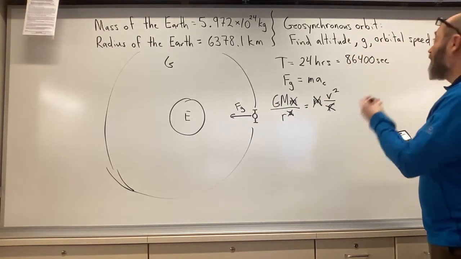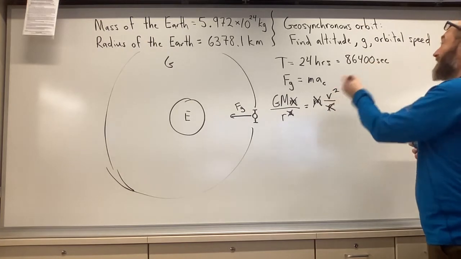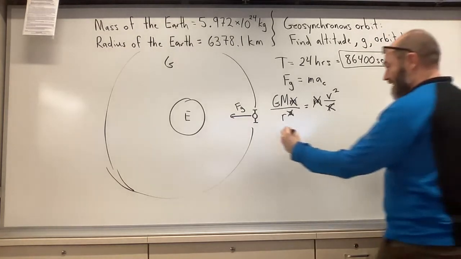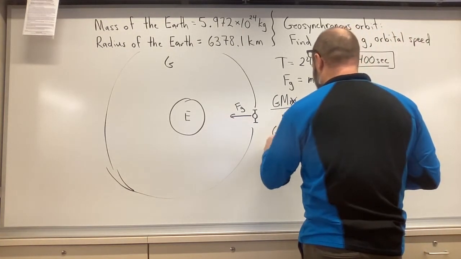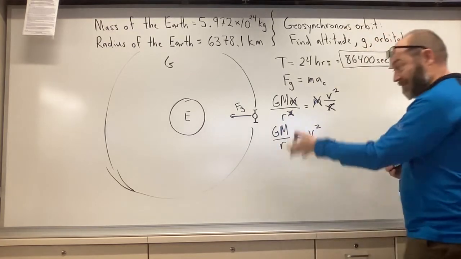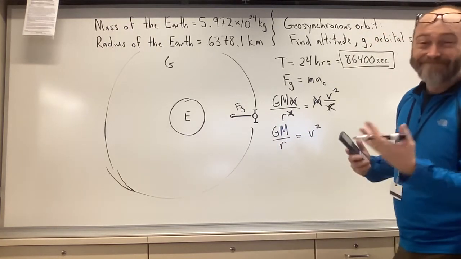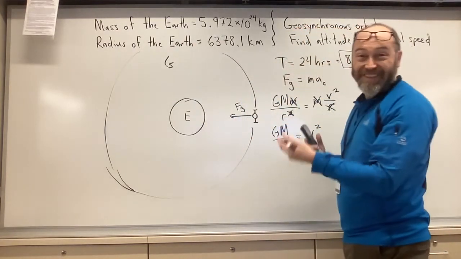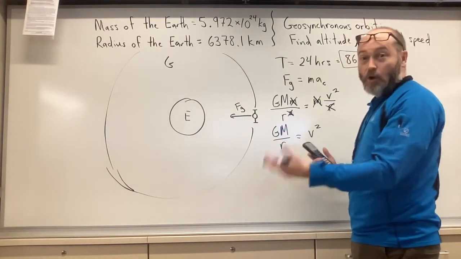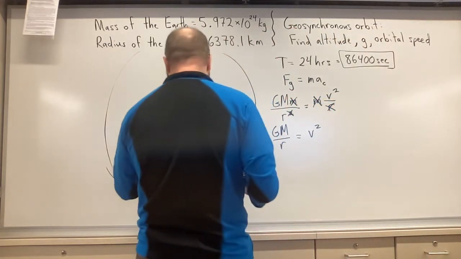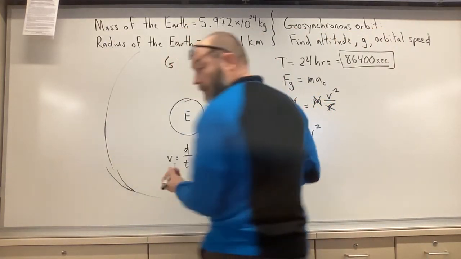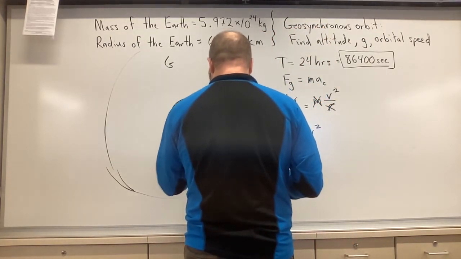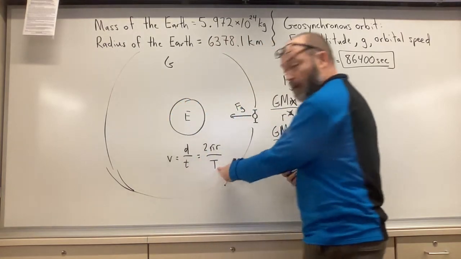Now, I know this is my period, but wait a second, I have this equation and I don't see period in there. Well, we can put period in there, because if this is an object moving in a circle at a constant speed, we know that v equals d over t, and the d around the circle is 2 pi r, and the time would be the period.